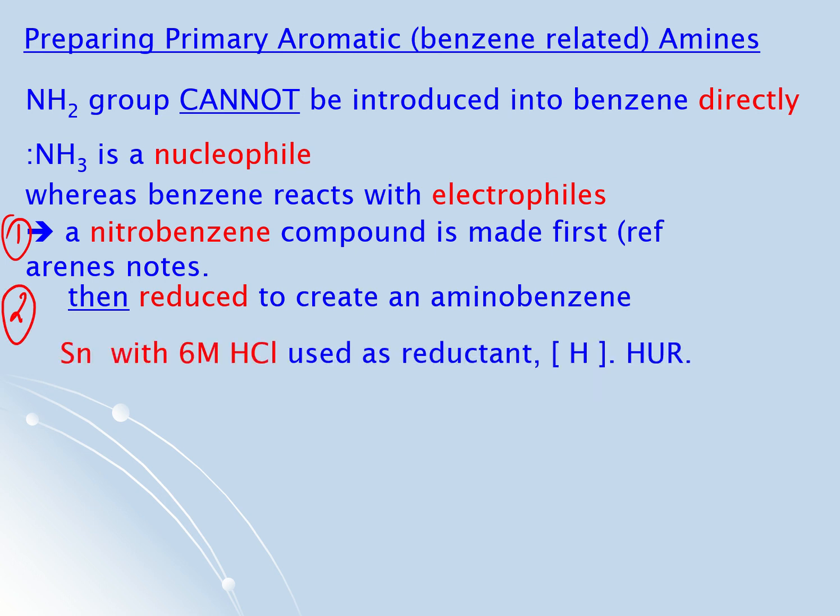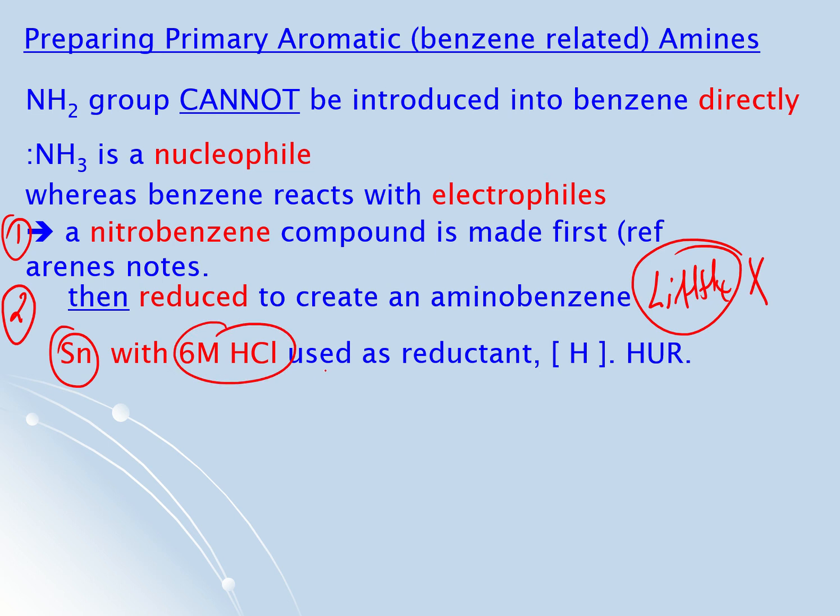Usually when we're reducing things at A level, we use good old reliable LiAlH4. This time we do not use it, so please learn your reducing agent carefully. We use tin with concentrated HCl, 6 molar HCl, and we heat that under reflux. So those are your reactant conditions for step 2.